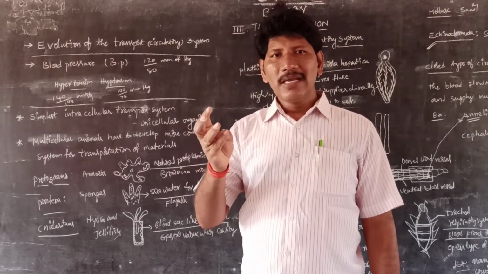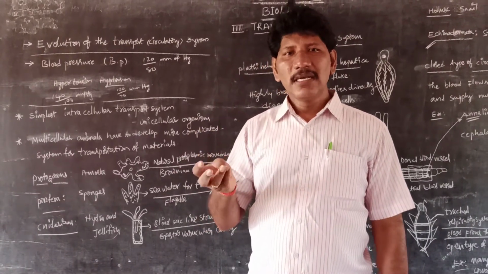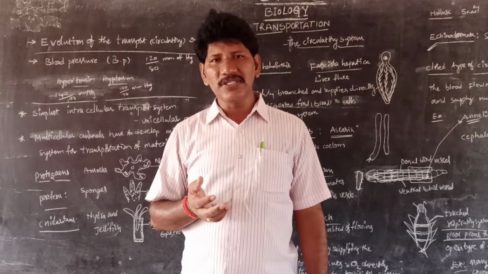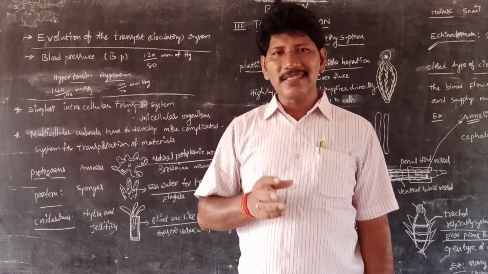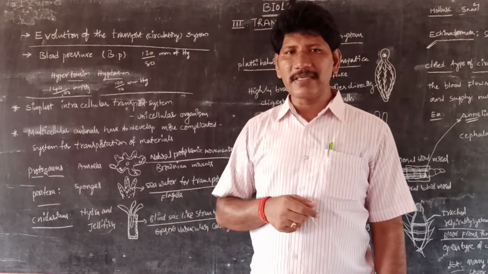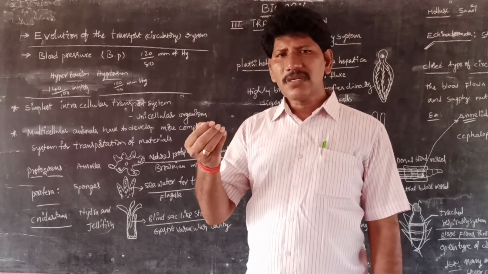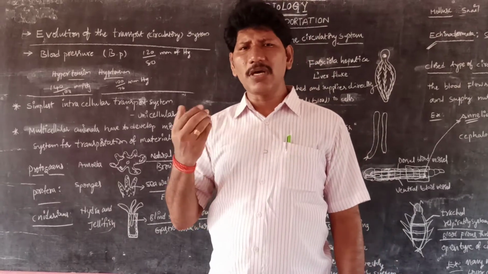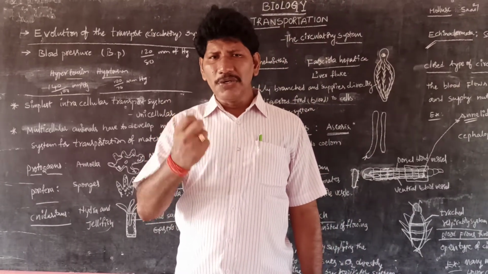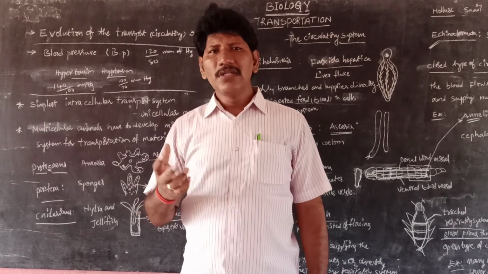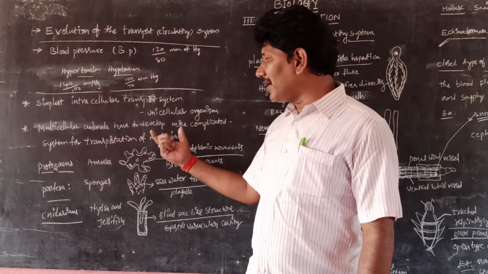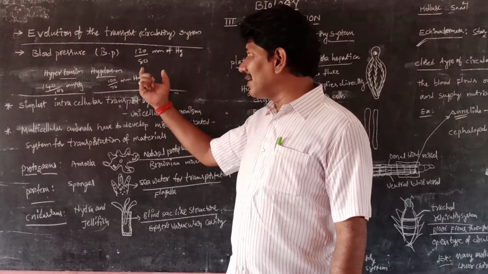For example, solid substances like glucose, amino acids, proteins, vitamins, fats and mineral salts; gases like oxygen and carbon dioxide; and liquids like water, enzymes and hormones. All these nutrients are very essential to each and every cell. For this process, animals have to develop a separate transport system or circulatory system.